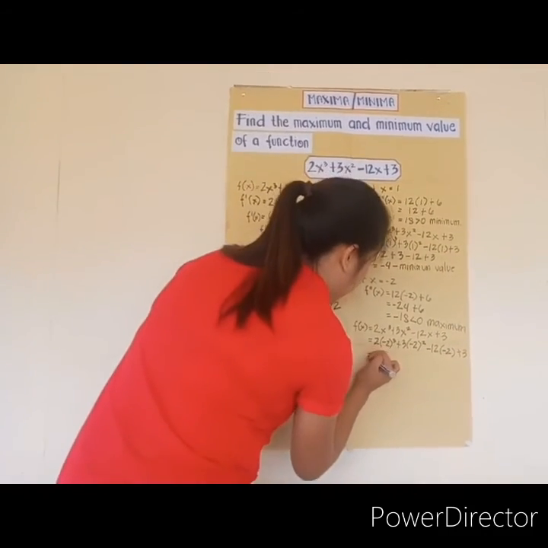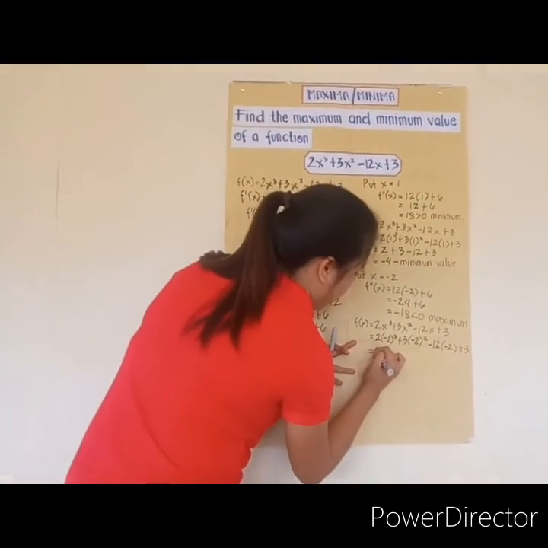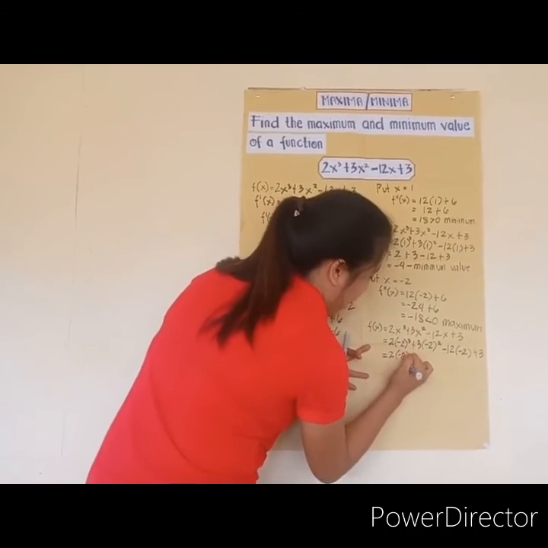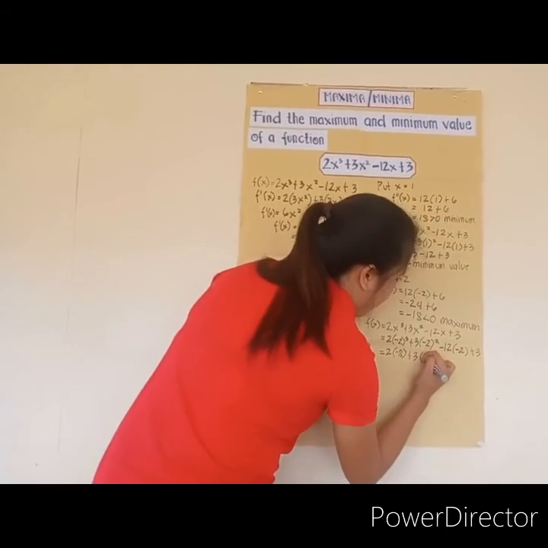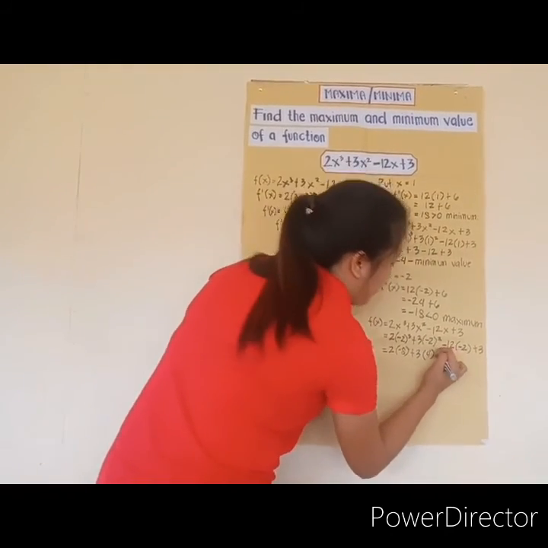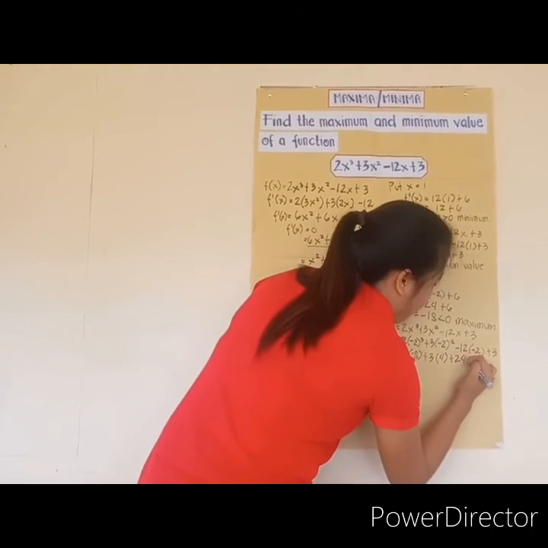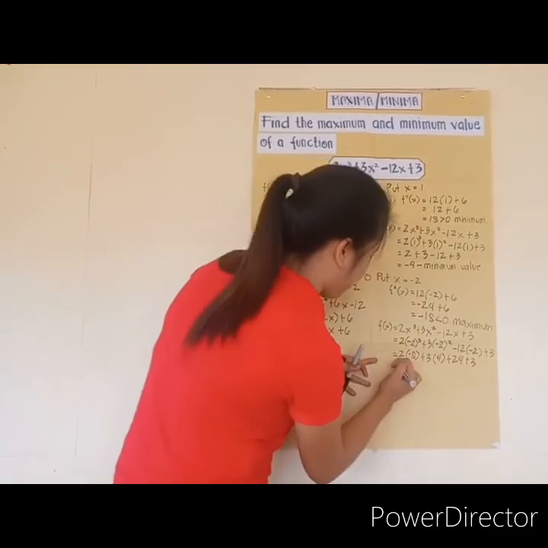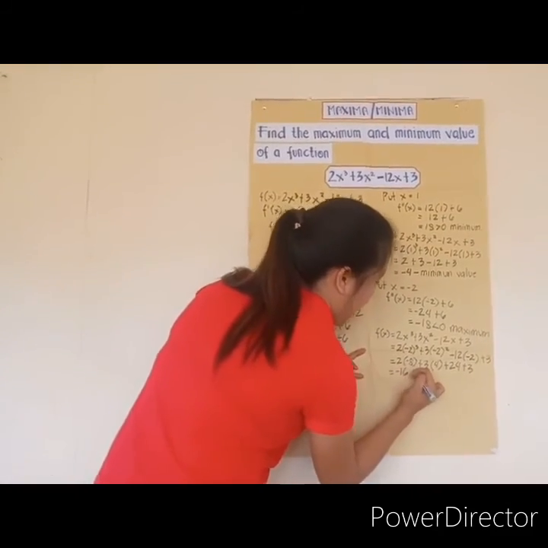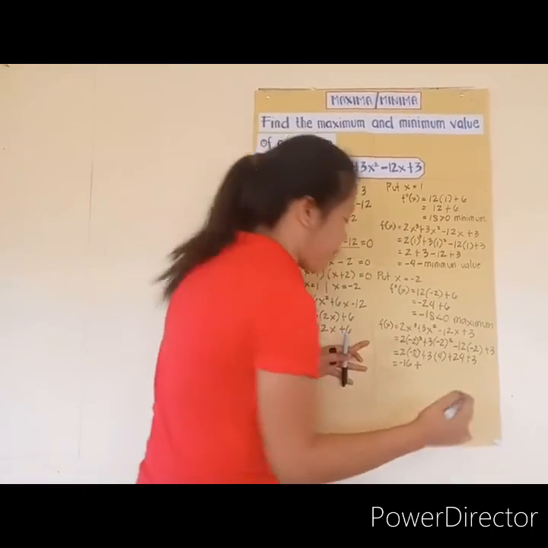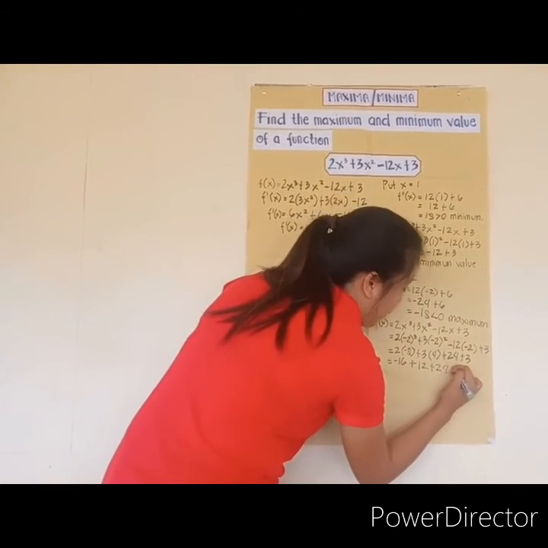So it will become negative 2 cubed will become negative 8. So 2 times negative 8 plus 3. Negative 2 squared will become positive 4. Plus, because negative 12 times negative 2 will become positive 24 plus 3. Then 2 times negative 8 will become negative 16, plus 3 times 4 will become 12, plus 24 plus 3.